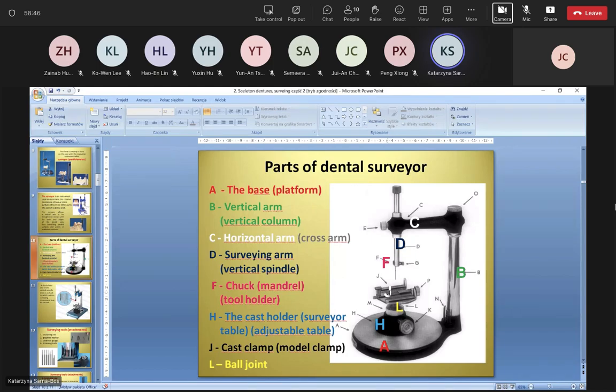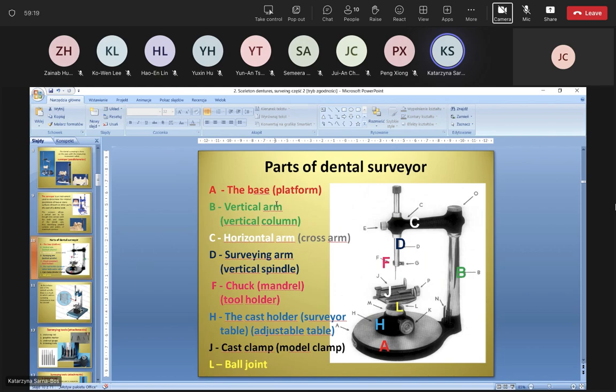Here we also have the cast clamp, model clamp, and the ball joint, because this table, thanks to the ball joint, can be movable, and thanks to it we can find the proper place of the gypsum casts, and thanks to that we can find the proper path of insertion of the skeletal denture.